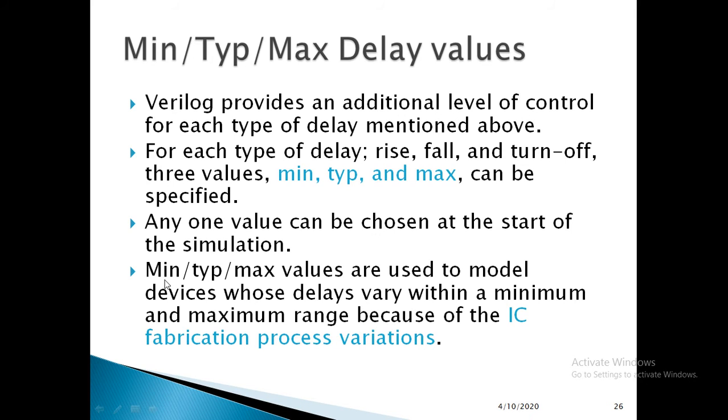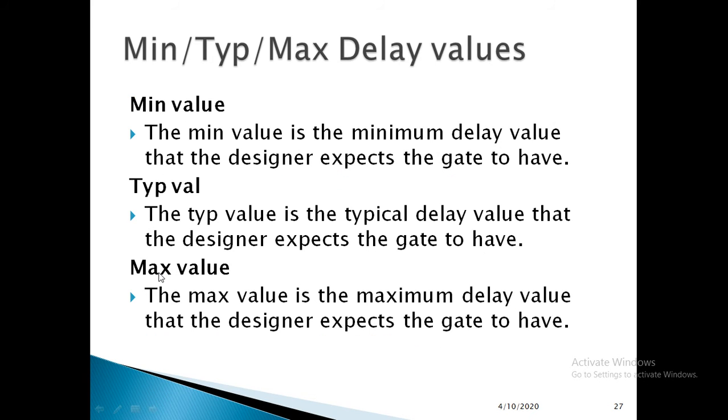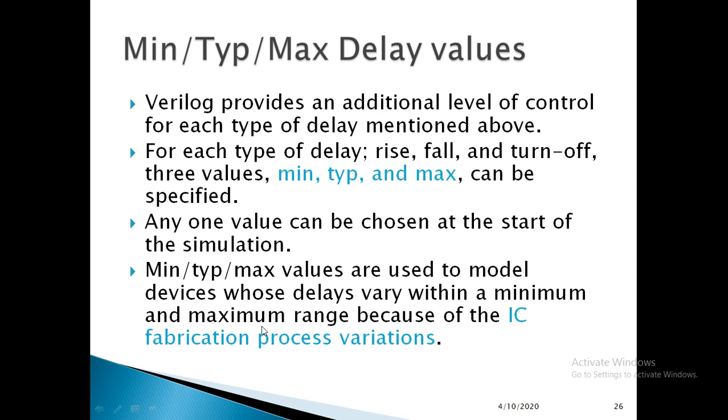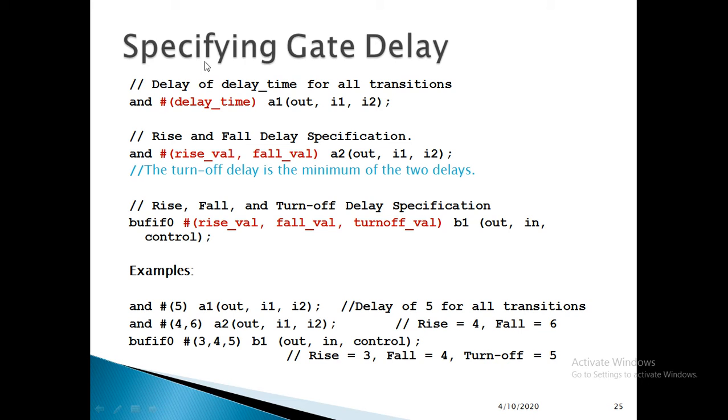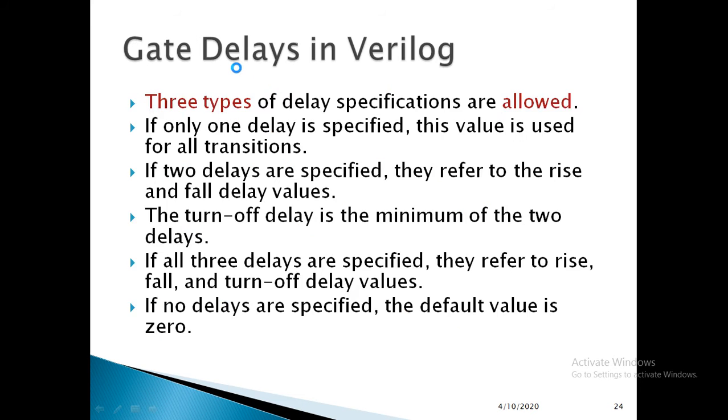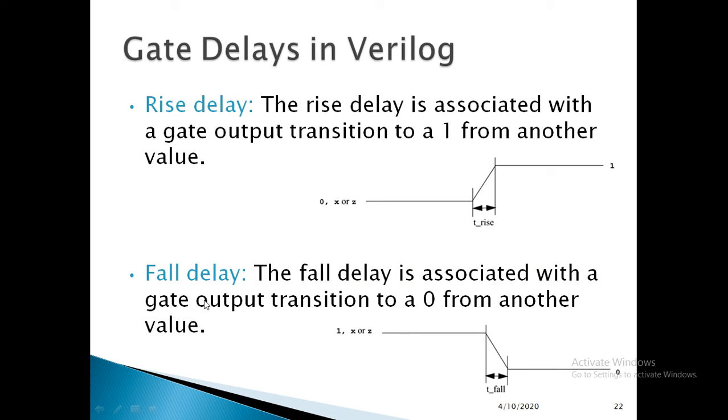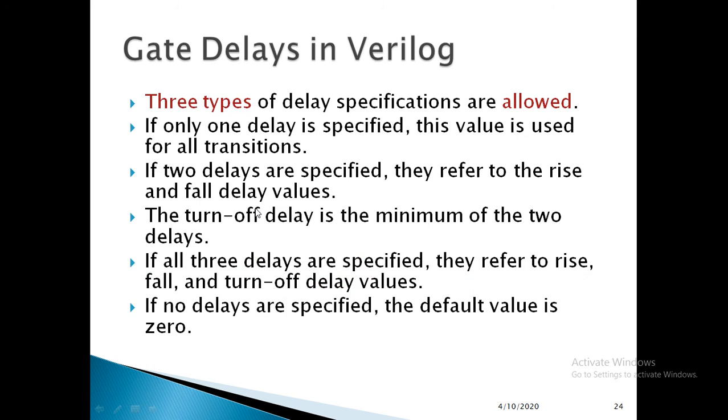Min value means the minimum delay value that the designer expects the gate to have. Please notice that these delays occur due to fabrication process variations, and the 3 types are rise, fall and turn off delay.